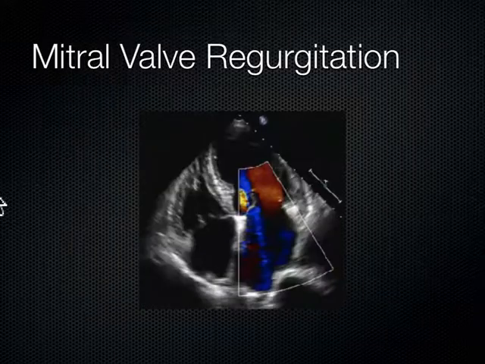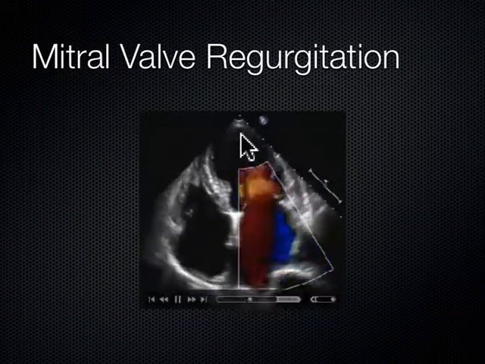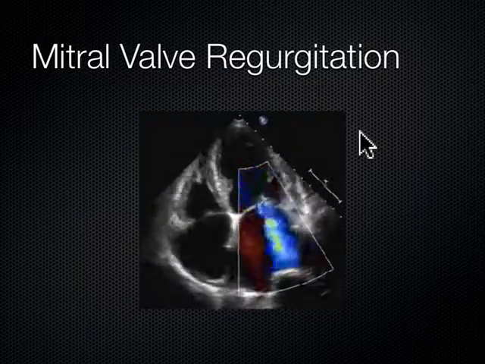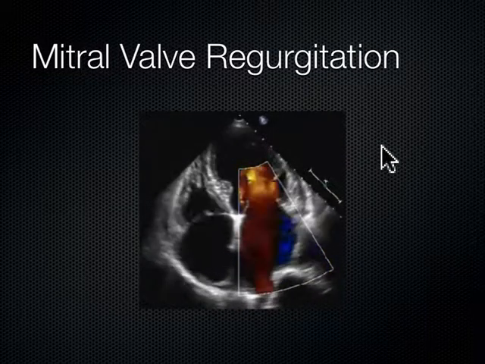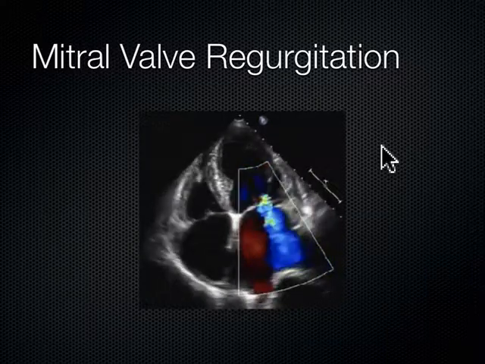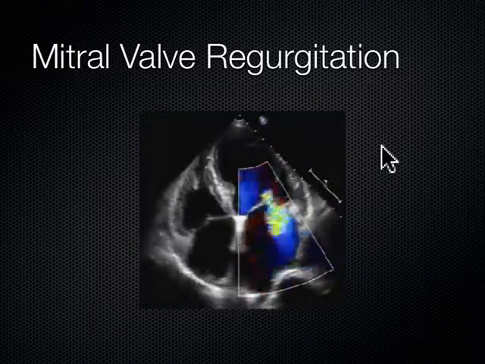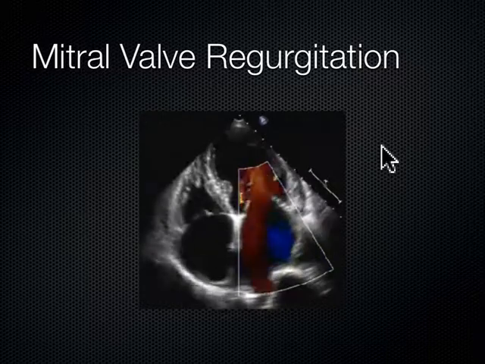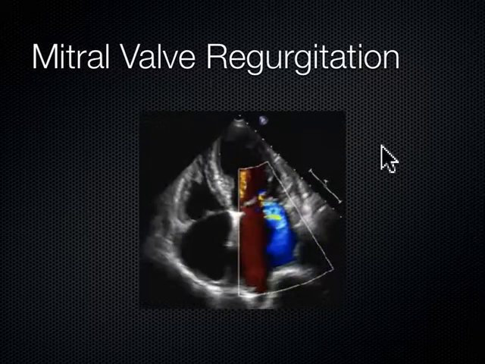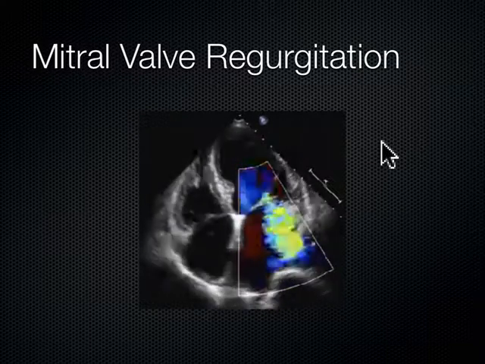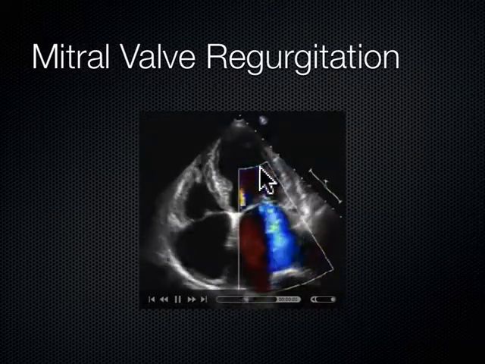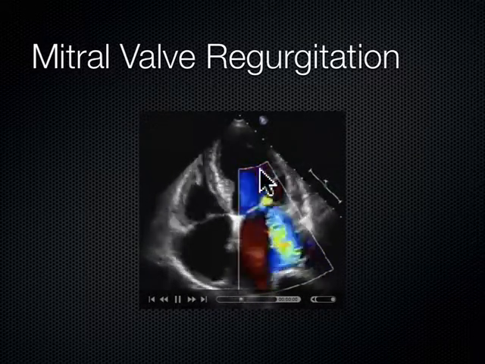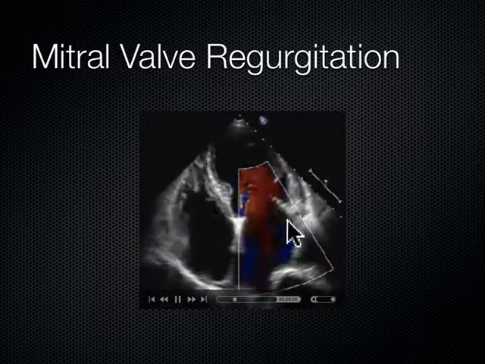Let's go ahead and throw some color across that mitral valve. Now, during systole, red is flow away from the probe, blue is, no, BART, blue away, red towards. I mixed that up. That's one way to remember it, BART, blue away, red towards. During systole, we don't expect to see blood squirting away from the probe back into the left atrium.